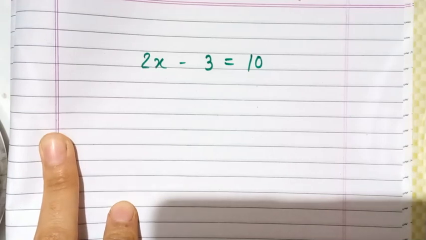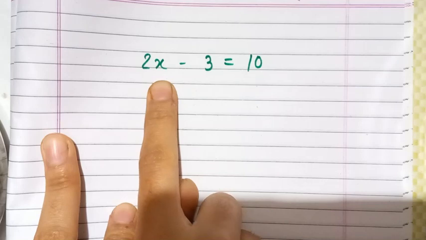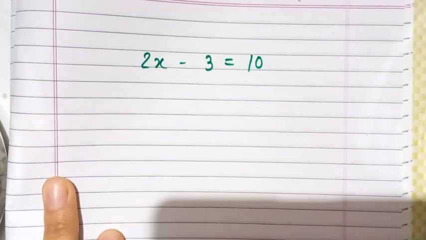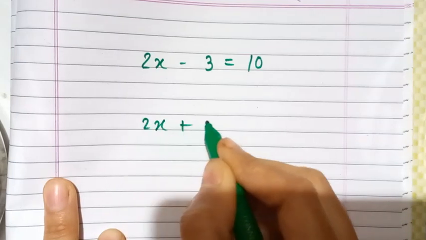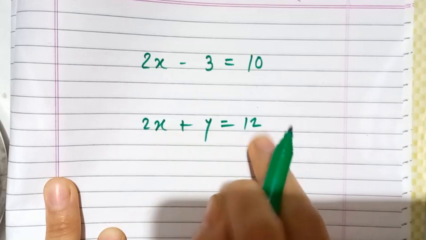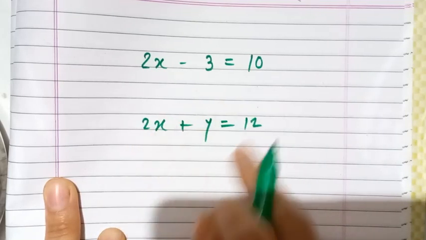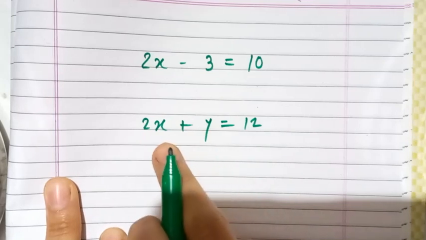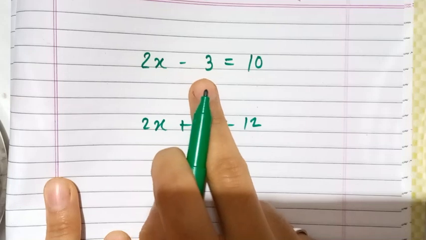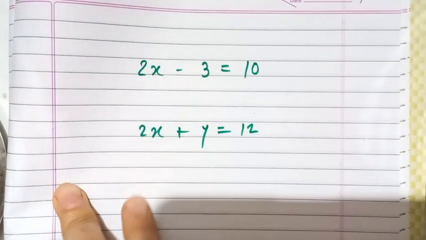Now see here, there is one type of variable, x. If I write 2x plus y is equal to 12, then this is not an equation of one variable, because there are two different types of variable, x and y.